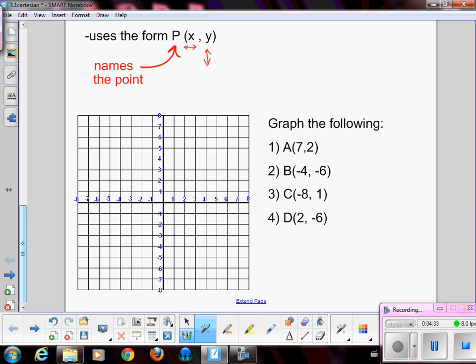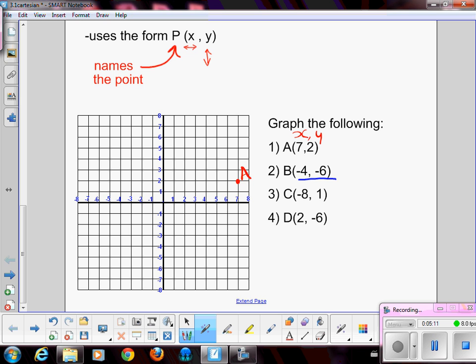It says graph the following. The first point is A, which is (7, 2). That is our x, and that is our y. I go along my x-axis until I get to the number 7, and then I go up 2. Remember, the first number tells me if I'm left or right. Because it's a positive 7, I'm going right, and because it's a positive 2, I'm going up. So point A is located right here. Point B is (-4, -6).